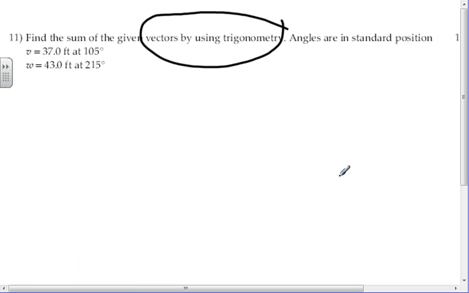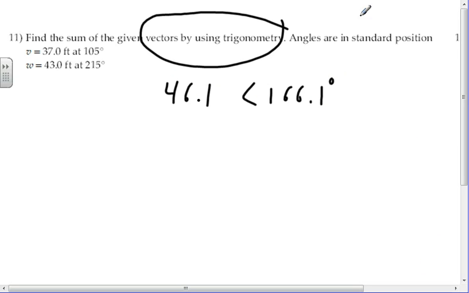I would just put this in my calculator too. 37, second function complex angle 105 plus 43, second function complex angle 215, and tell me my answer is 46.1 angle 166.1, and I'd probably leave it at that.